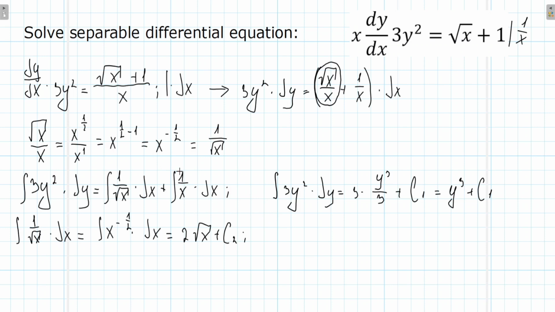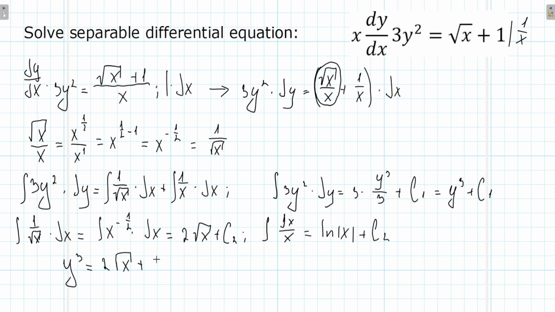Now the integral of 1 over x times dx is just the natural log of x plus some constant c2.